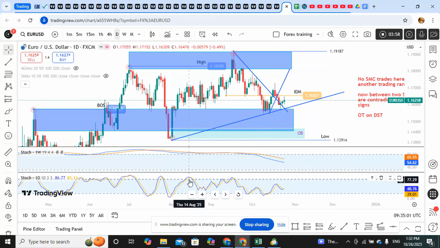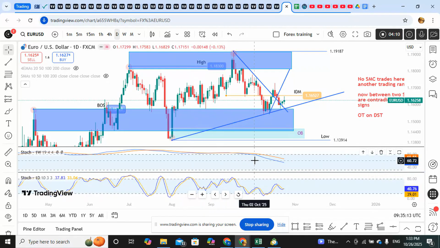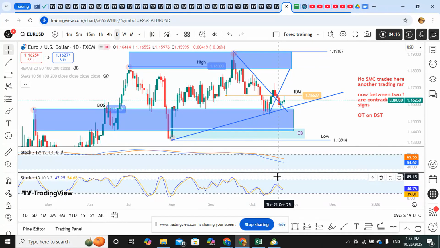If it was in the sweet spot, not between 80 and 20, but between 80 and 32, like this one, and the weekly is showing a bearish direction, then at this point here I would be selling this currency or this pair or this asset.